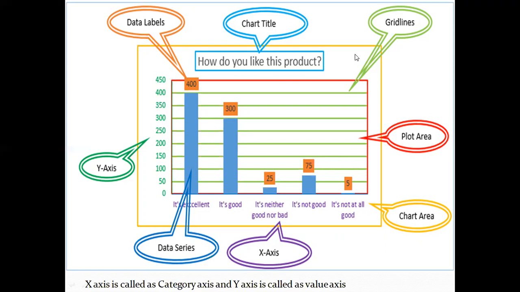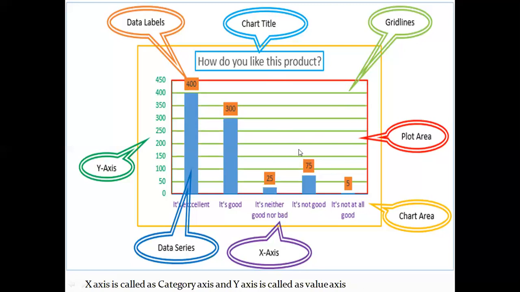Then this yellow line you can see at the border, the complete backside, is called the chart area. Basically it is the area on which we plot the chart. The chart area includes all the areas and objects in the chart. After the chart area, you can see this pink border.